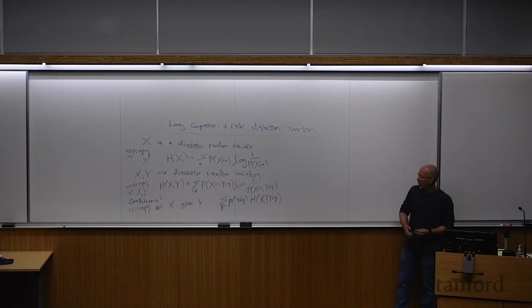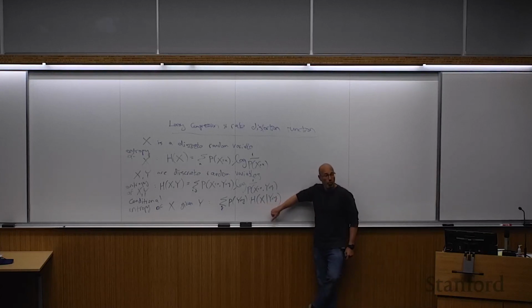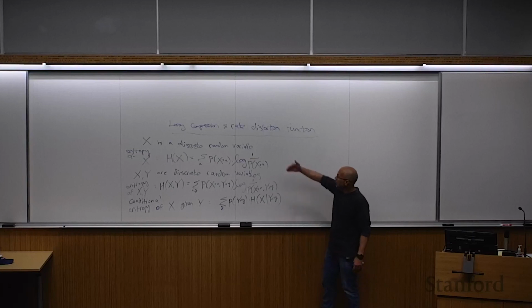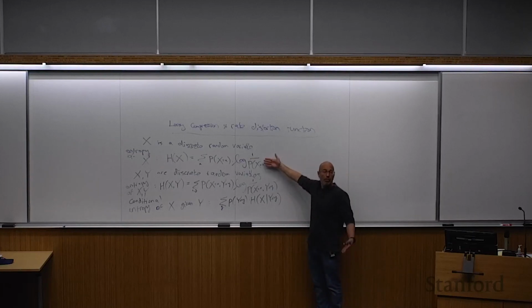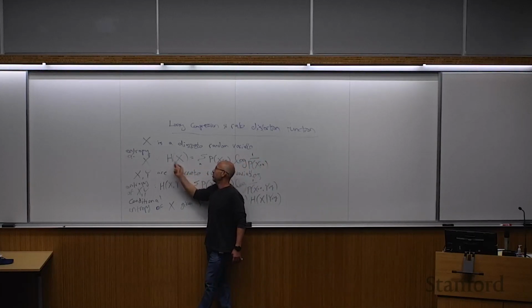Okay? And what is this conditional entropy of x given that y is equal to small y? Well, that's really back to this notion of entropy. Entropy in the end, even though we denoted h of a random variable, it's really a function of the distribution of that random variable.